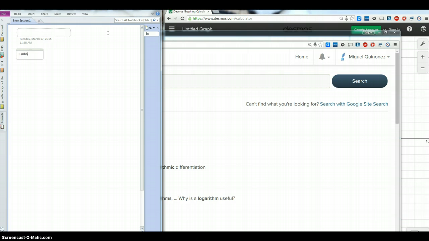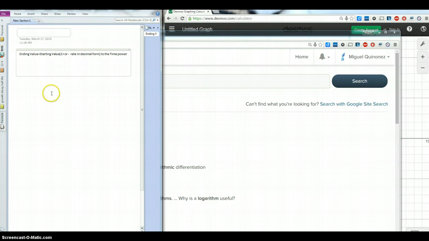The ending value will equal the starting value times 1 plus or minus, depending on which way it's going, the rate in decimal form, to the time power. So that's the equation right there. And you have to be able to figure out all four variables depending on what you have.